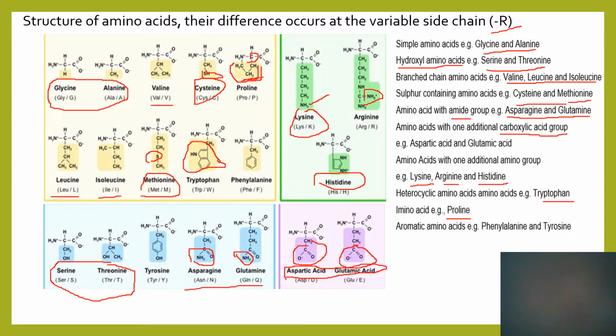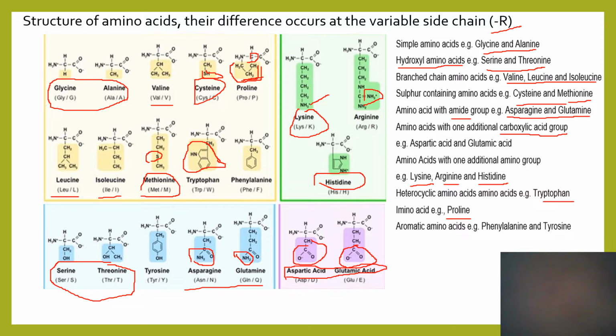Aromatic amino acids are there also, because their variable side chain contains aromatic molecules. For example, phenylalanine and tyrosine have such an arrangement.